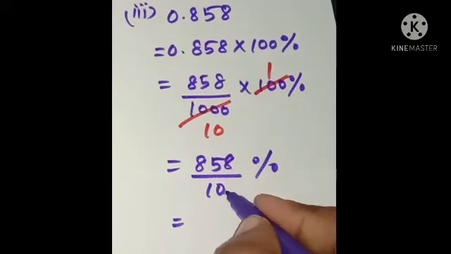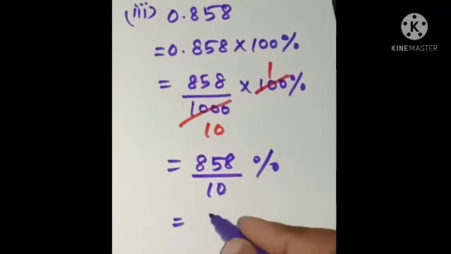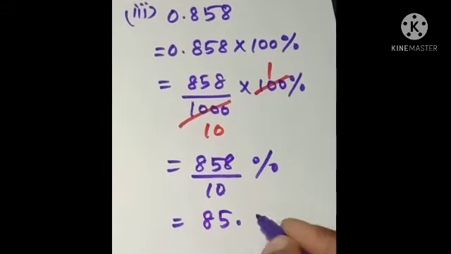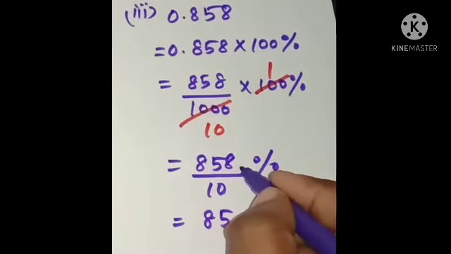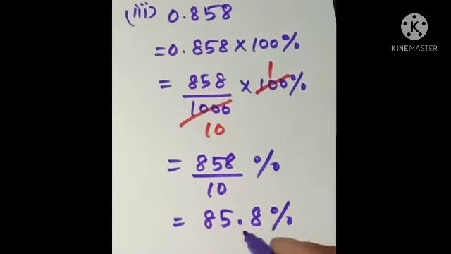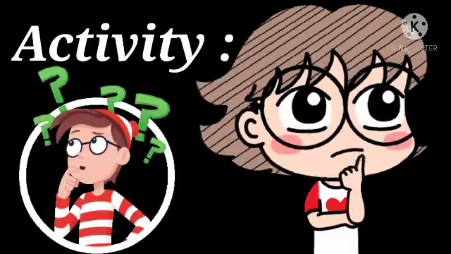In the denominator it is 10, so we have to move the decimal point before one digit. So 85.8. Because it is a whole number, there will be a decimal point after the whole number. Now 85.8 is the required percentage. Children, do the following activity.